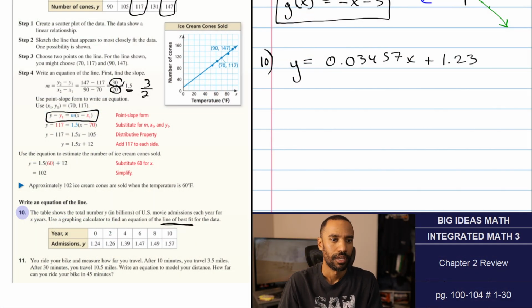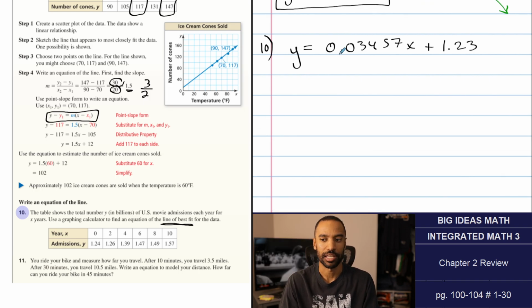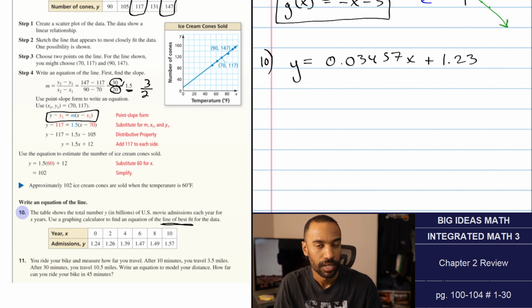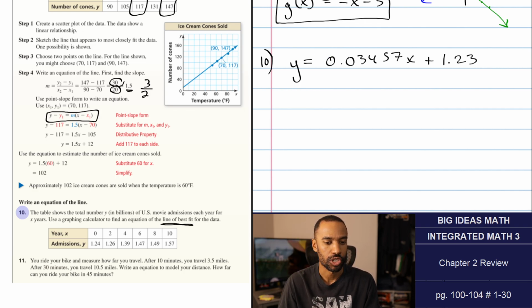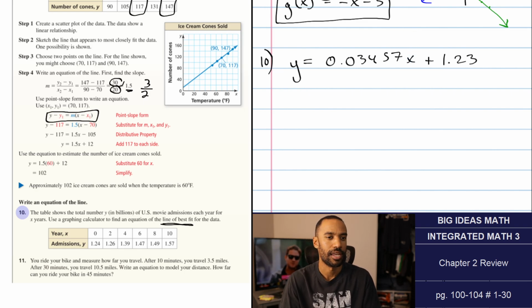Let's see what else we have to do on the problem itself, though. Use a graphing calculator to find an equation for the line of best fit. Okay, that's all we had to do. Now, there are other things we could do with this information. They could say something like, use this information to estimate or predict the number of admissions y after 15 years, in which case we'd plug in 15 for x. Now that I have it in my calculator, I could even do it in the table.